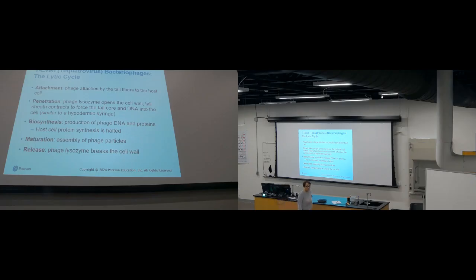So here are the stages of viral infection. First one, you have to have attachment of the virus into the host cell. In this case it will be a bacteriophage that attaches with the tail fibers into the cell wall. So that's the first step, attachment. Second will be penetration.